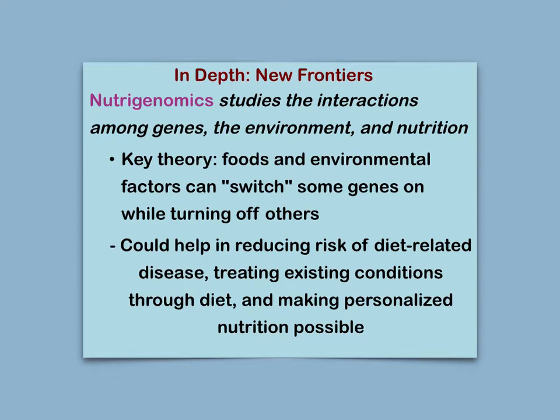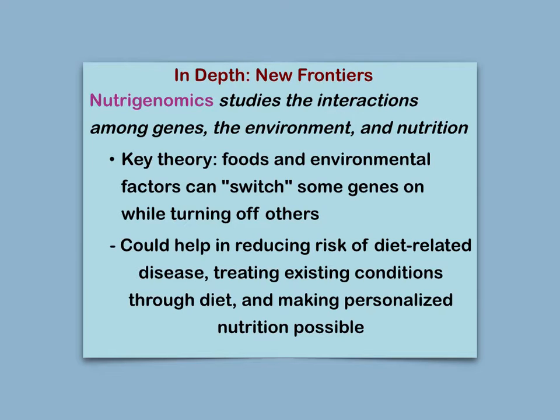Let's review this slide together. Nutrigenomics studies the interaction among genes, the environment, and nutrition. The key theory is that food and environmental factors can switch some genes on while turning off other genes. What are those genes? Can they be cancerous genes that we have inherited?